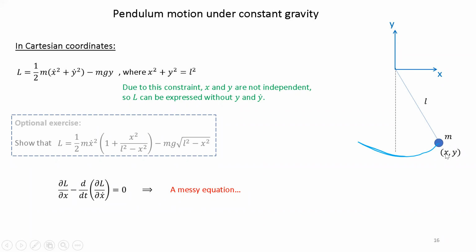So although we use these two numbers x, y to represent the coordinate, there's actually one equation, which I call the constraint, to tell you that it always has to move along this circular arc: x squared plus y squared is always equal to L squared. So although in the Lagrangian I'm writing two variables, in fact one variable is sufficient, because x and y have to satisfy this constraint.